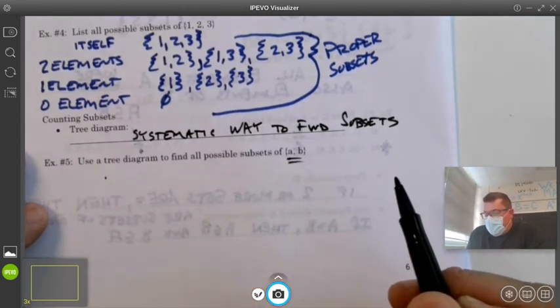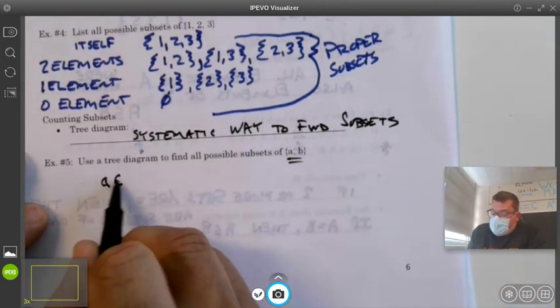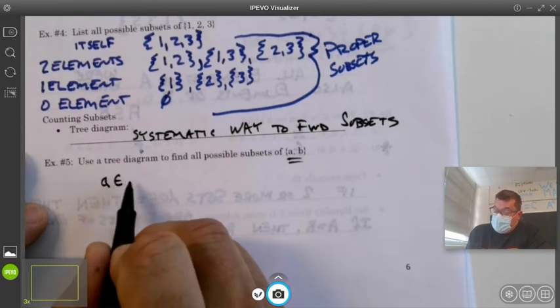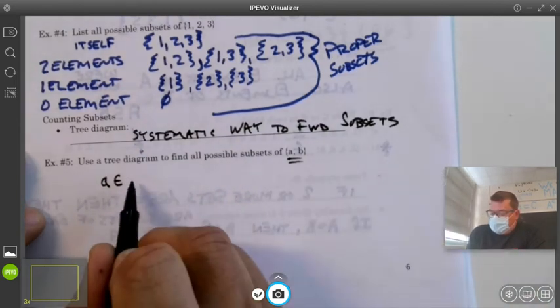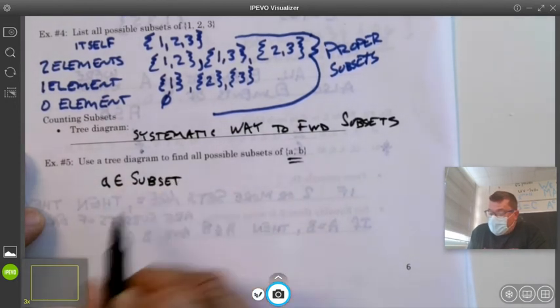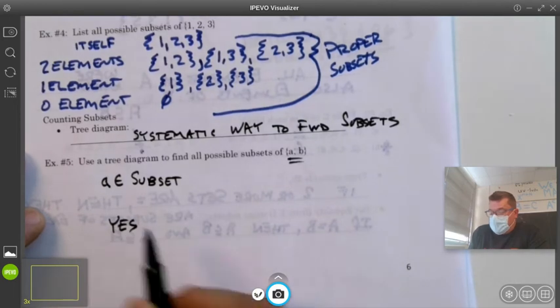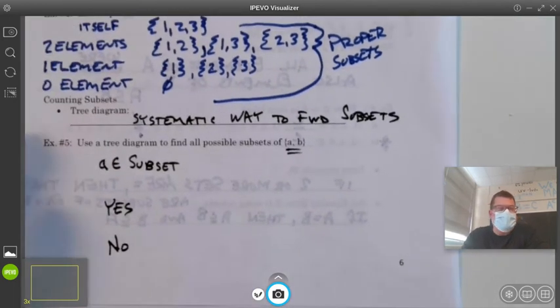of set {A, B}. We're going to say, is A an element of the subset? We will say yes, or we will say no. Is A in the subset?